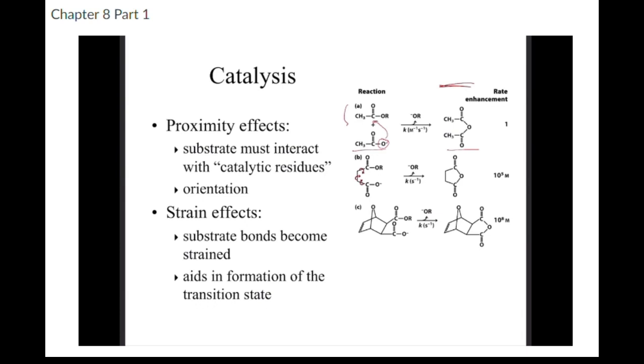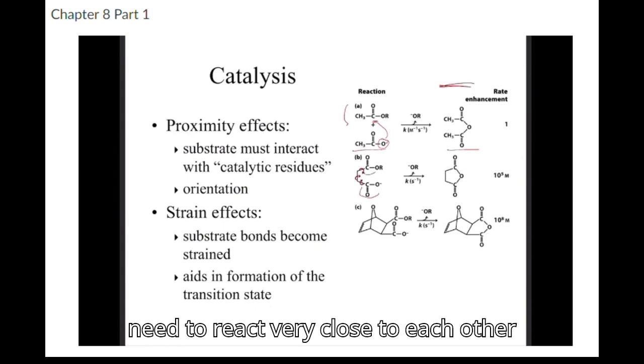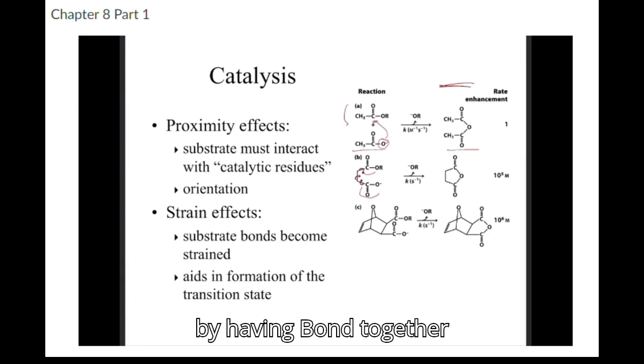Now, going down to the second reaction here, we are putting the two reactive groups that need to react very close to each other by having them bonded together by sticking those two additional carbons in there. And what we see is a rate enhancement of about 100,000 fold.